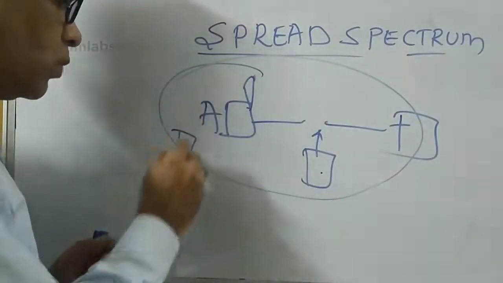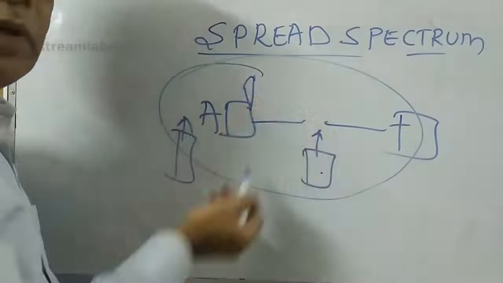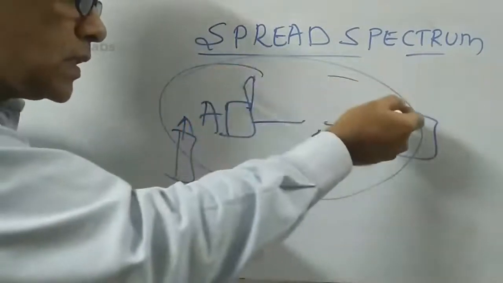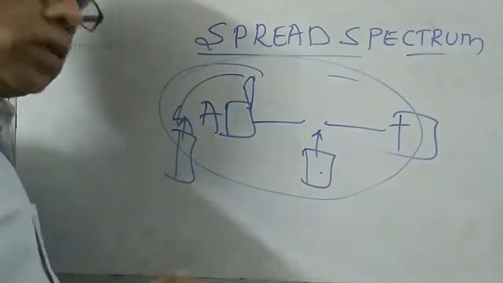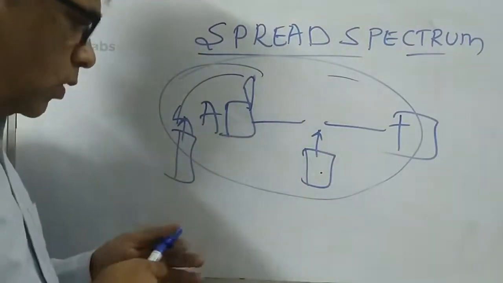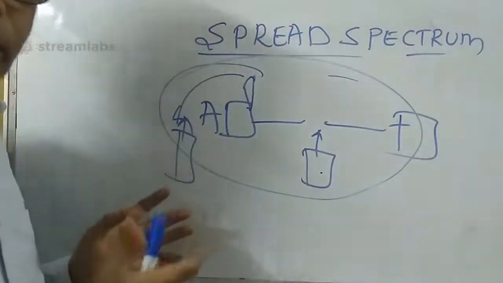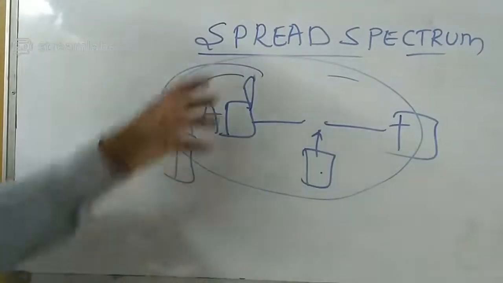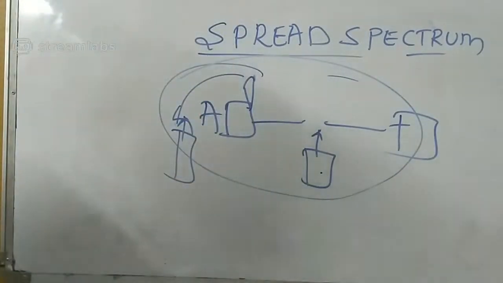There is a possibility that one who is sitting over here may listen to the communication. Whatever message is sent over here may also reach him. He may come to know what exactly is going on, or if he is some bad guy, he may utilize this message for some wrong activities.